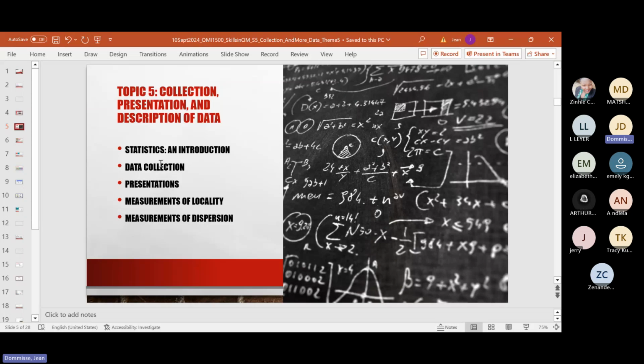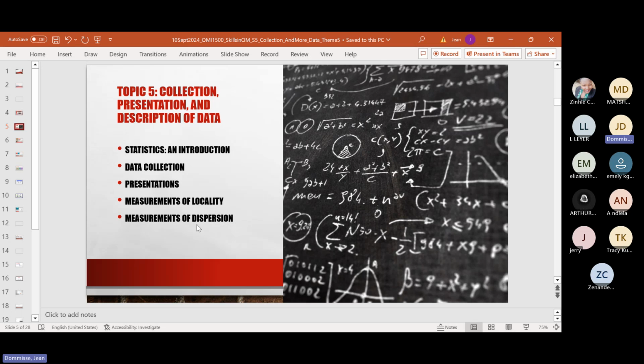Okay, so the last two things that we will look at when we're describing data is locality. That basically means we're going to look at the mean, median, and mode of the data, so how it is around the center or the focus point.